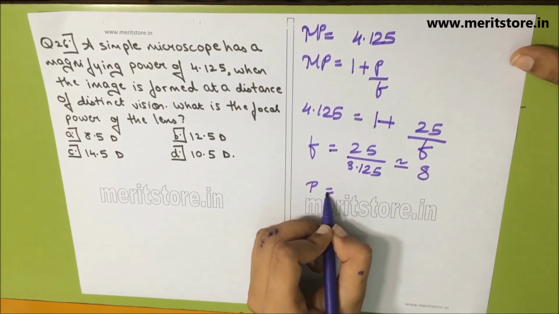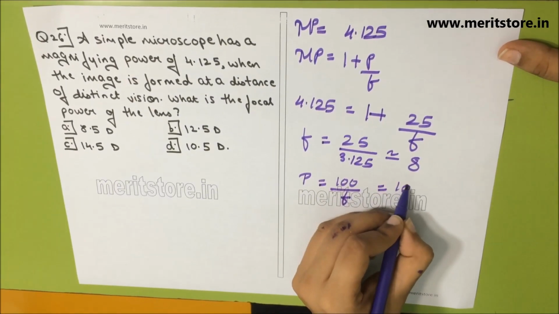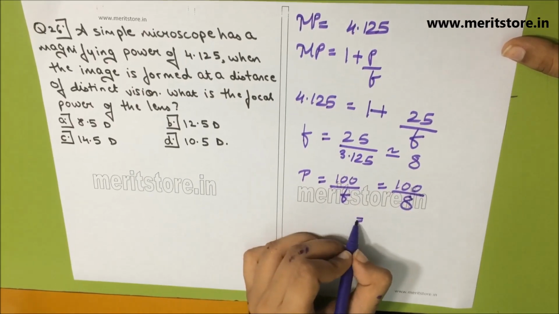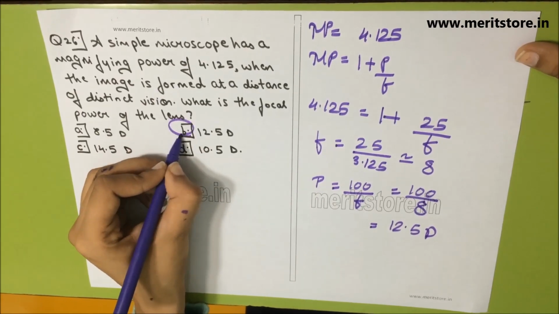P equals 100 by F, which equals 100 by 8, because F is 8. 100 by 8 is 12.5D. Option B is the correct answer.